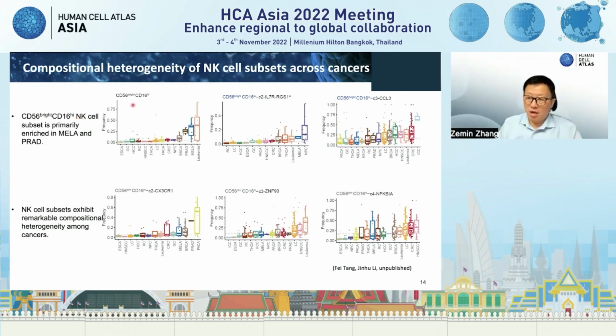Well, it depends on which cancer types you happen to be working on. If you work on gastric cancer, liver cancer, and kidney cancer, you probably will never find any CD56 high and CD16 high cells. By contrast, if you work on melanoma and prostate cancer, you will likely find a lot of double positive NK cells. Similarly for other NK subsets that I will not elaborate, there is also a high degree of heterogeneity.